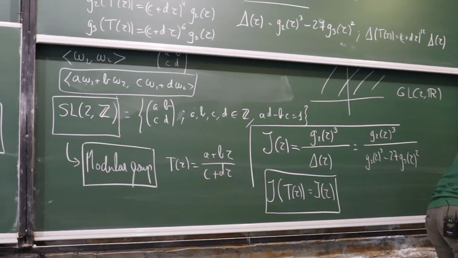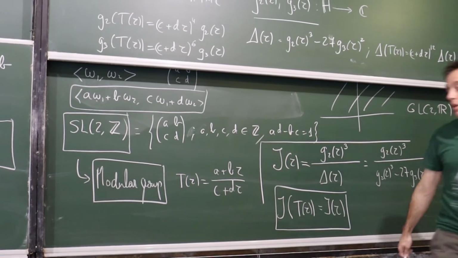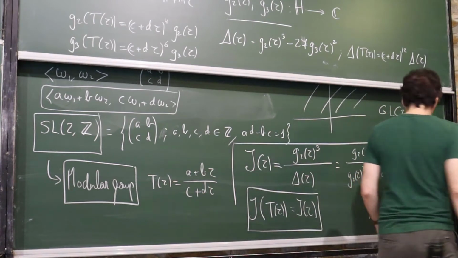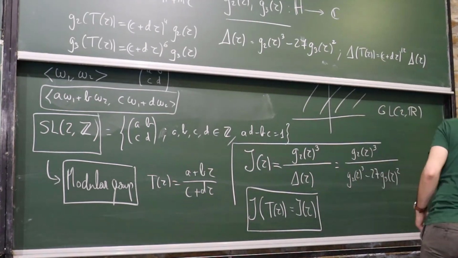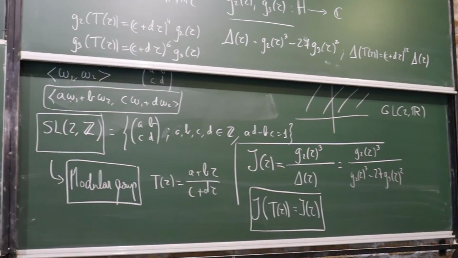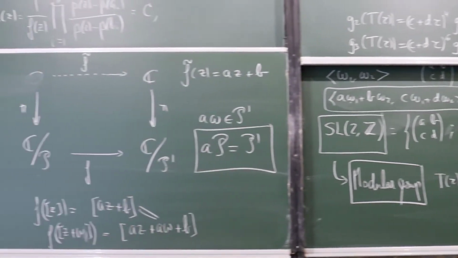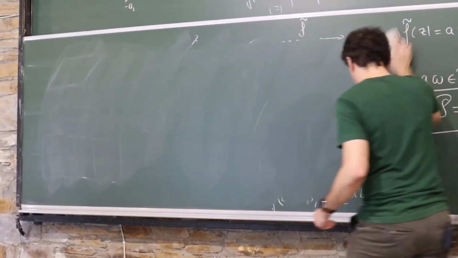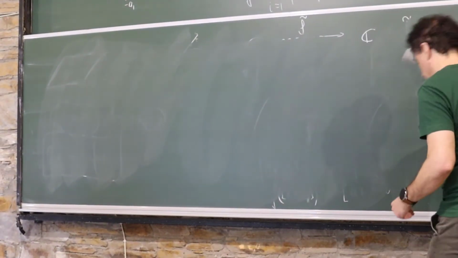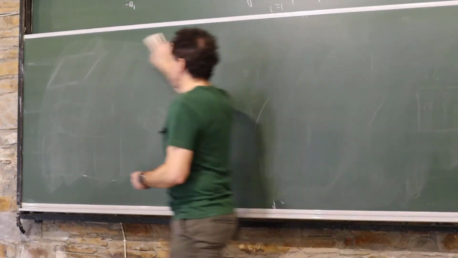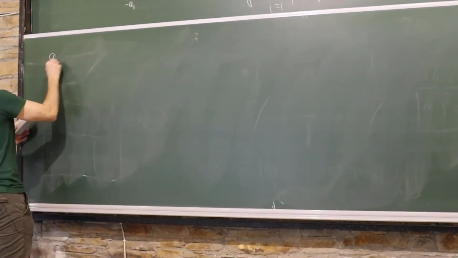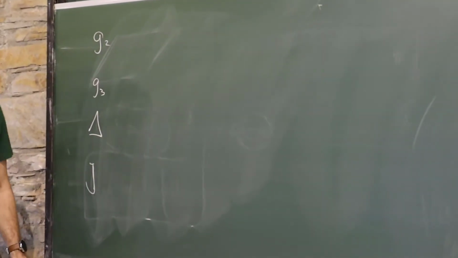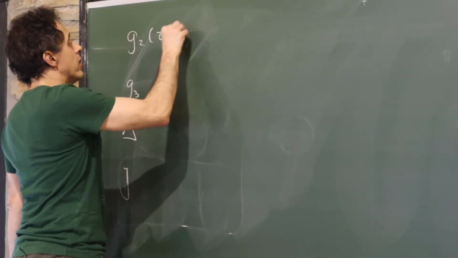We're going to try to figure out a little bit how these functions behave. For instance, sometimes it's useful to remark that these functions, G2, G3, delta, and J, are periodic of period 1.